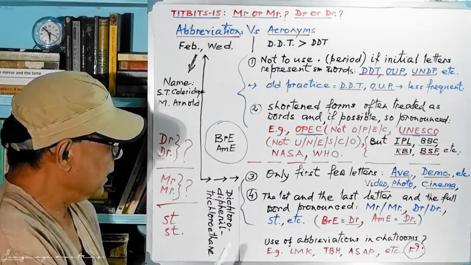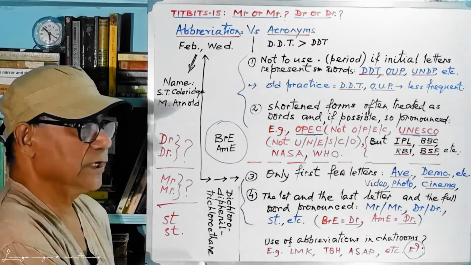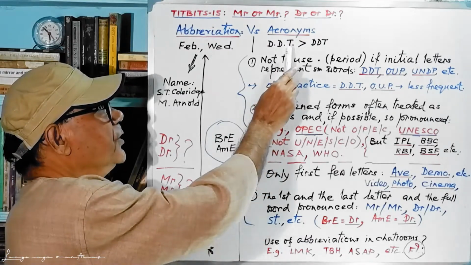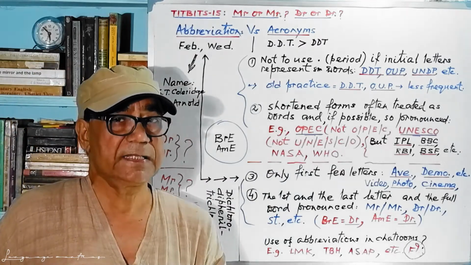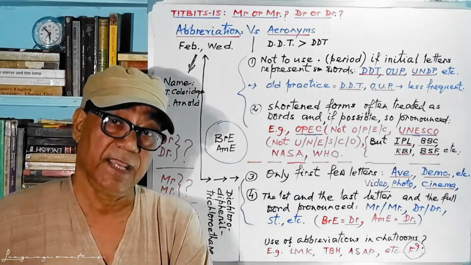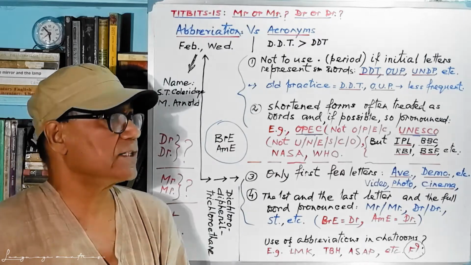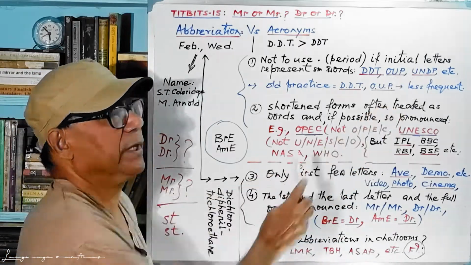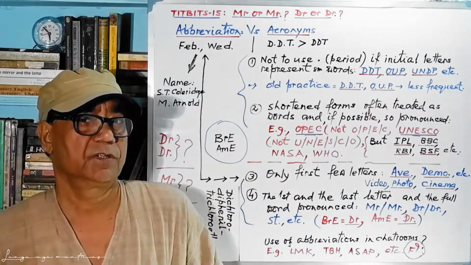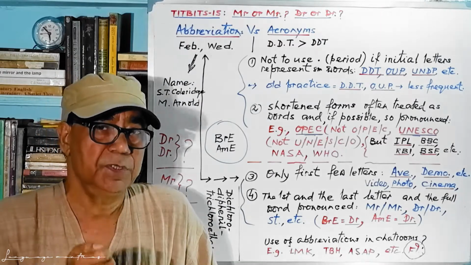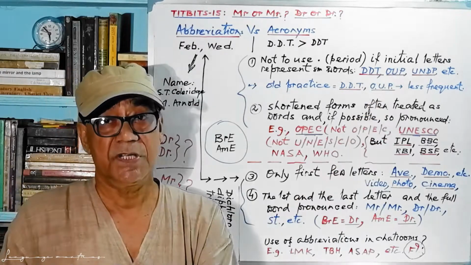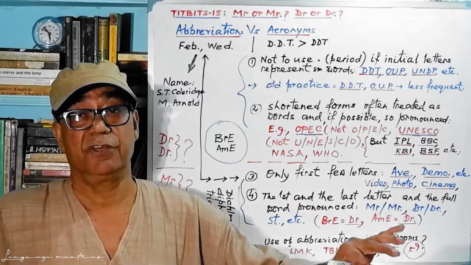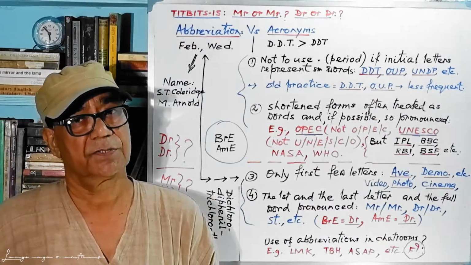In place of dichloro, diphenyl, trichloroethane, we have written D.D.T. this way or this way. And when it is a matter of many words, then again acronym is applicable. For example, O.U.P. There are three words, Oxford University Press, but O.U.P. represents that entire definition, Oxford University Press.